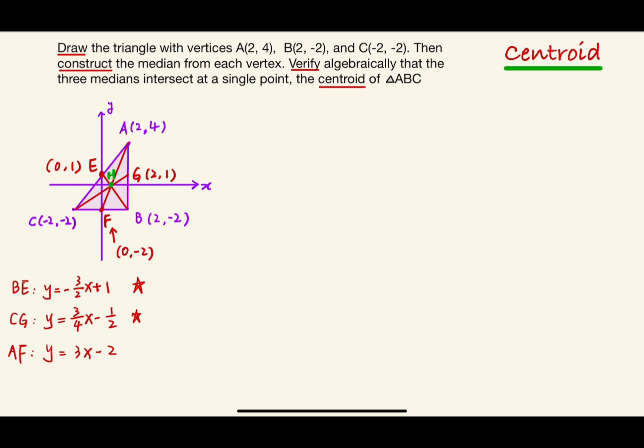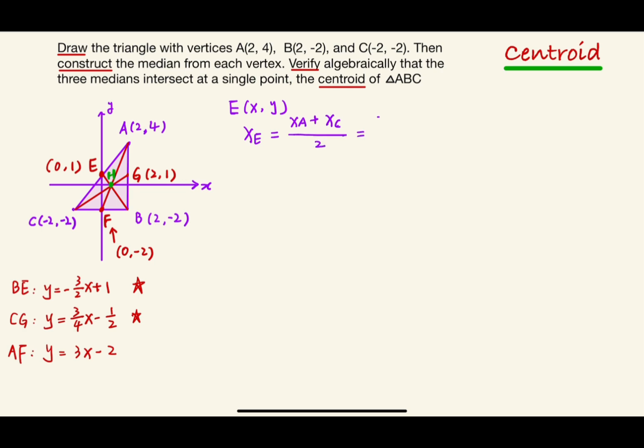First, we can figure out point E, its x-coordinate and y-coordinate. We can make use of the midpoint formula. xE representing the x-coordinate of point E equals xA, representing the x-coordinate of point A, plus xC, representing the x-coordinate of point C, over 2.